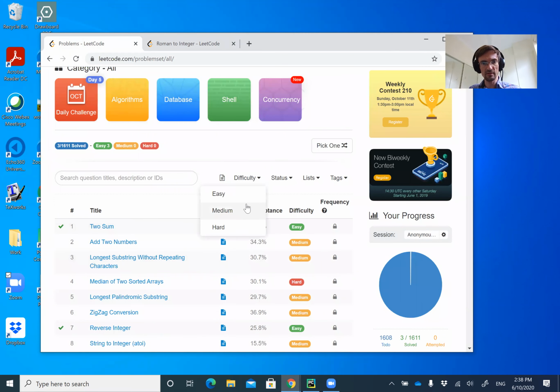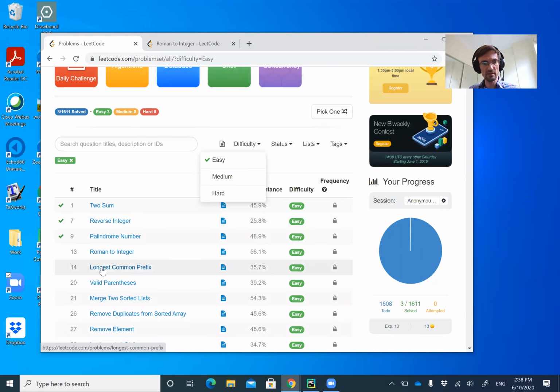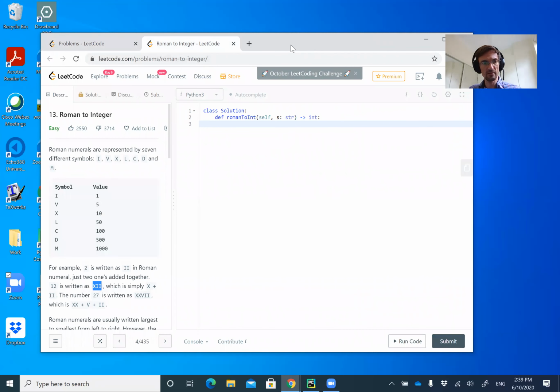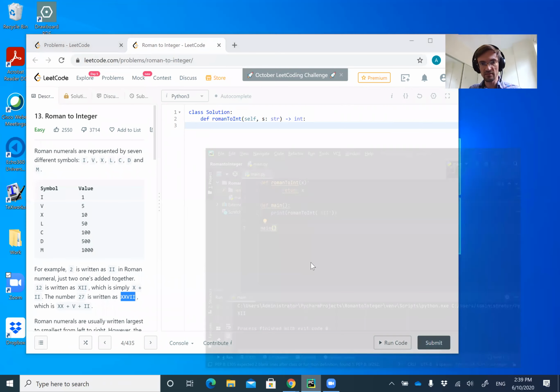So these are currently the easy ones. We have done the first three and now we're looking at number 4, Roman to Integer. So basically, rewrite a Roman numeral into an integer. Let's just start with that.